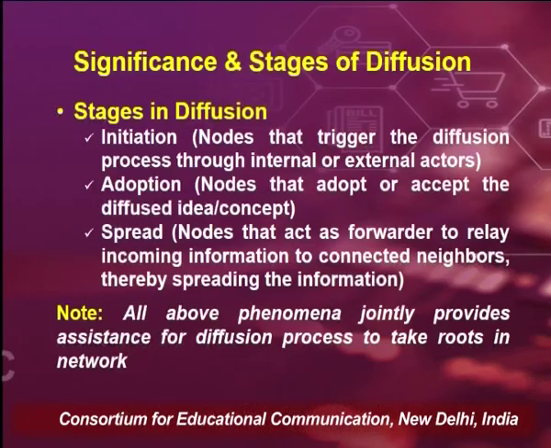Then there are other nodes, maybe in the nearest vicinity of the triggerer nodes, or some hops distant, that decide whether they should accept, or acknowledge, the information that is being spread by the triggerer nodes or not. This is called the adoption phase, and the nodes have the liberty to either adopt or reject.